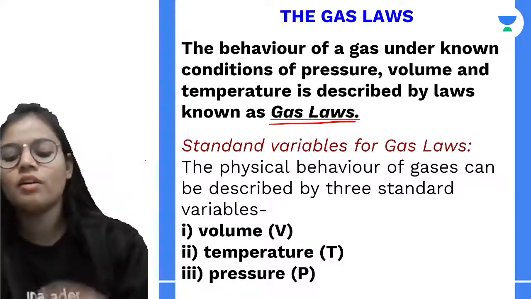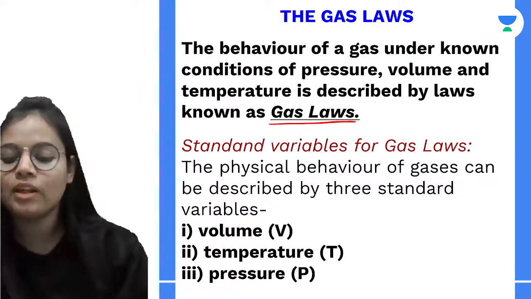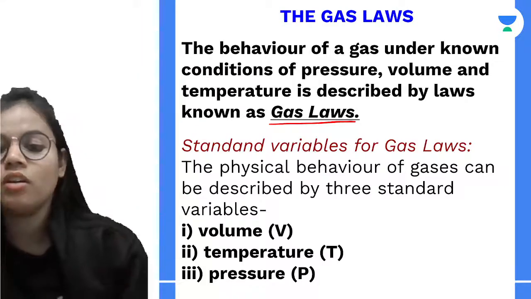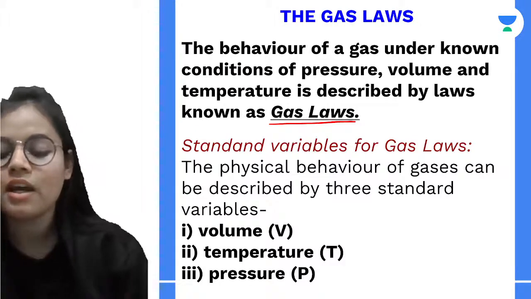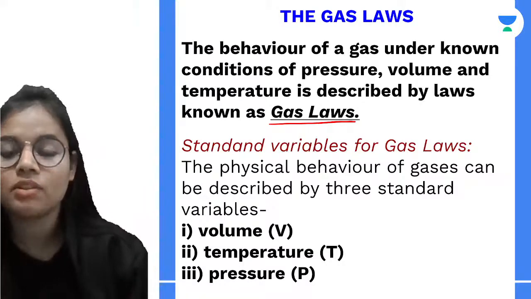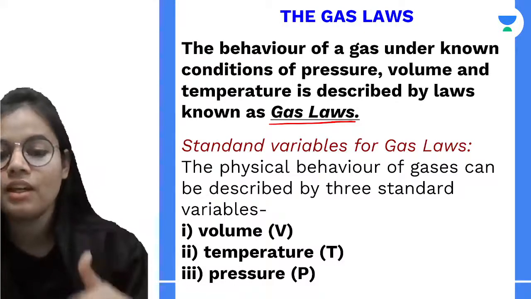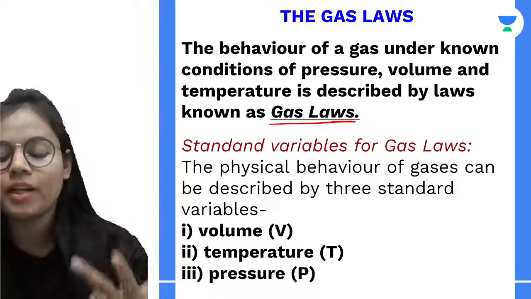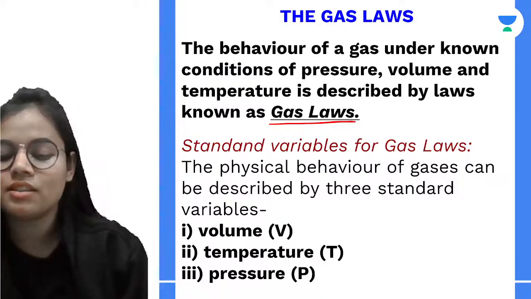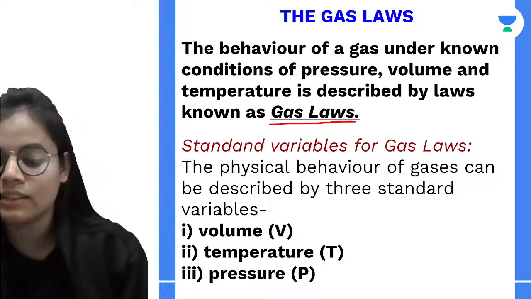Now there are three standard variables for the gas laws. We can describe the whole behavior of gases by using these three parameters, and these three parameters are volume, temperature, and pressure. So these three parameters describe the behavior of gases.